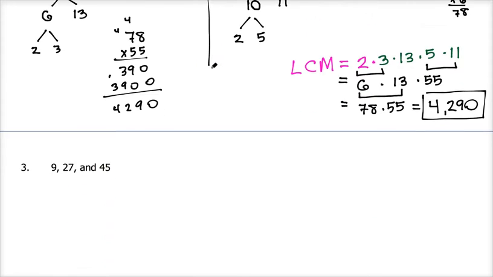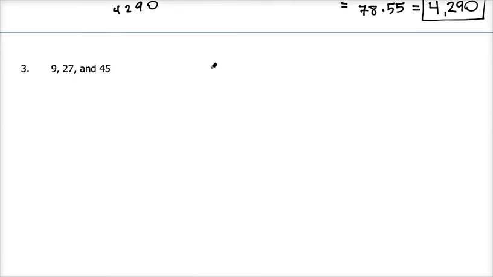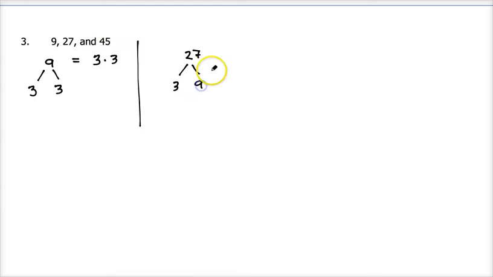Okay, we're going to try this one more time on the back side, this time with 3 numbers. We have 9, 27, and 45. So again, we're going to start by listing the prime factorizations of each of those numbers. So starting with 9, I know 9's prime factorization is pretty simple. It's 3 times 3. 27, well, 27 I can split up into 3 times 9, and then the 9 again is 3 times 3.